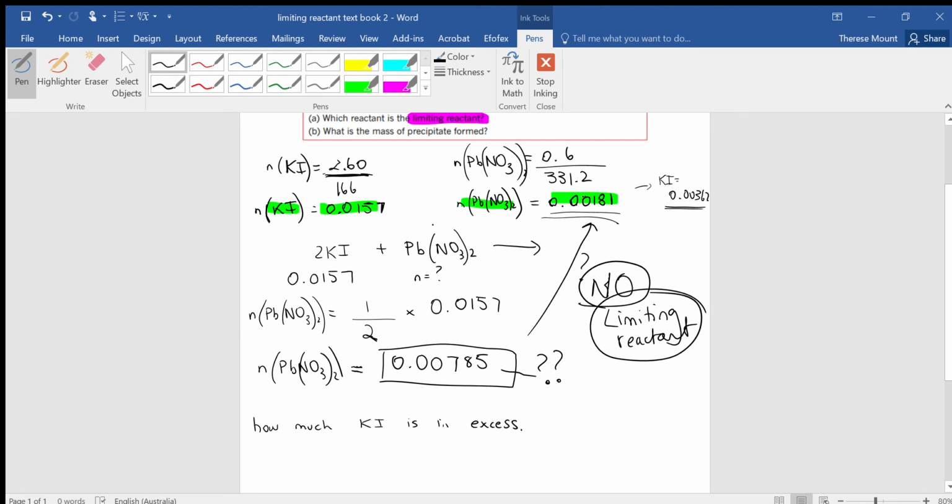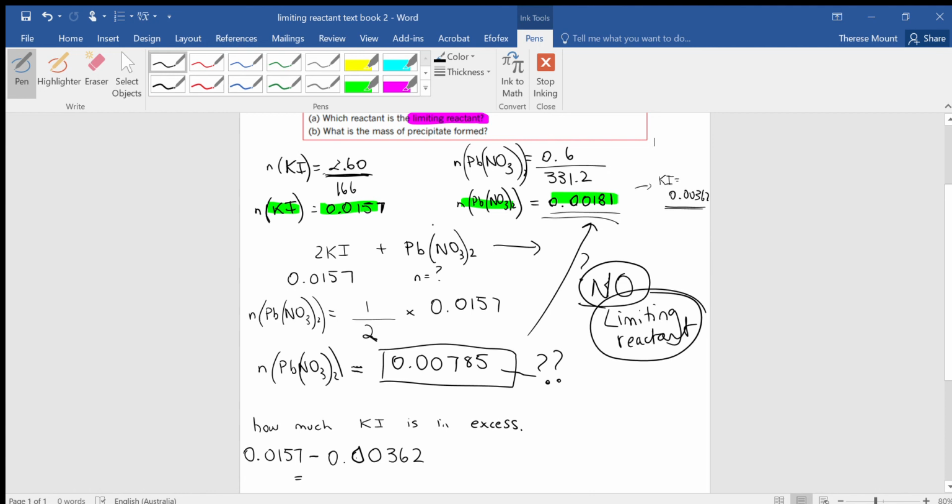When all of that is used up, that much of potassium iodide is going to react, 0.00362. So in the beginning, we actually have 0.0157. That's how much we actually have of potassium iodide. This is how much is going to react. So the difference between those two is going to tell you how much is left over.